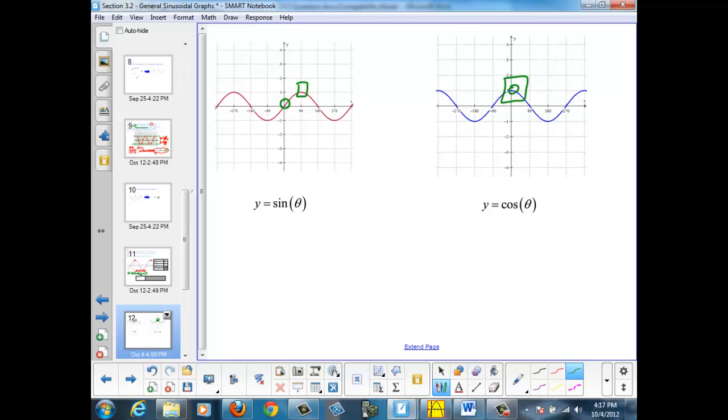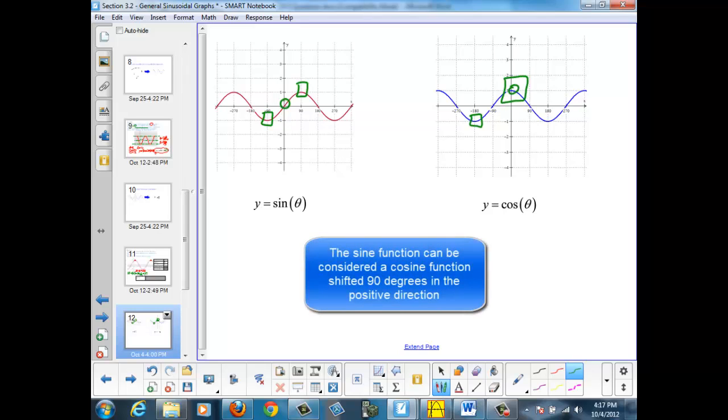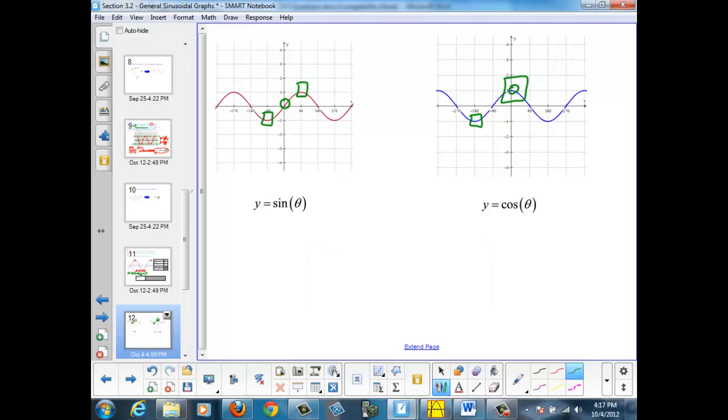And a low point at negative 180 degrees for the cosine graph is a low point at negative 90 degrees for the sine graph. So we could say that the sine graph is a horizontal translation of 90 degrees to the right of the cosine graph, or the cosine graph is a horizontal translation 90 degrees to the left of the sine graph.